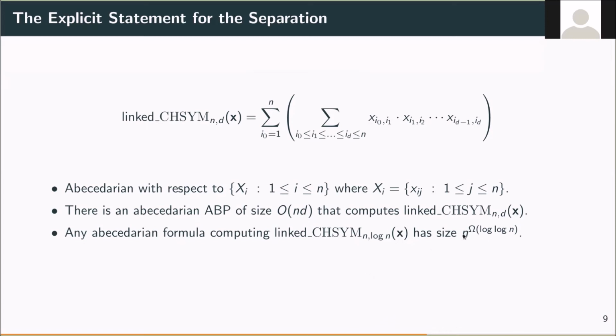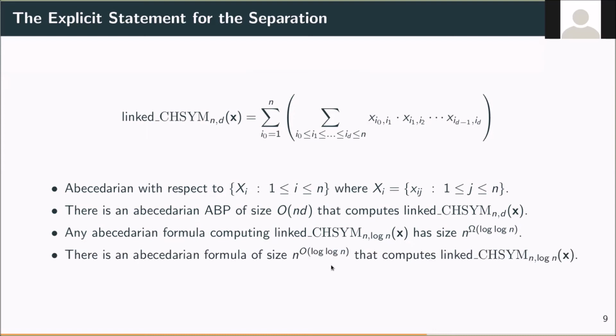Okay, so that is n to the log d for d. Because d is log n here, we get an n to the omega log n lower bound. And fourthly, we show that this lower bound is actually tight. That is, there is an abecedarian formula of size n to the order log n that computes the hard polynomial.